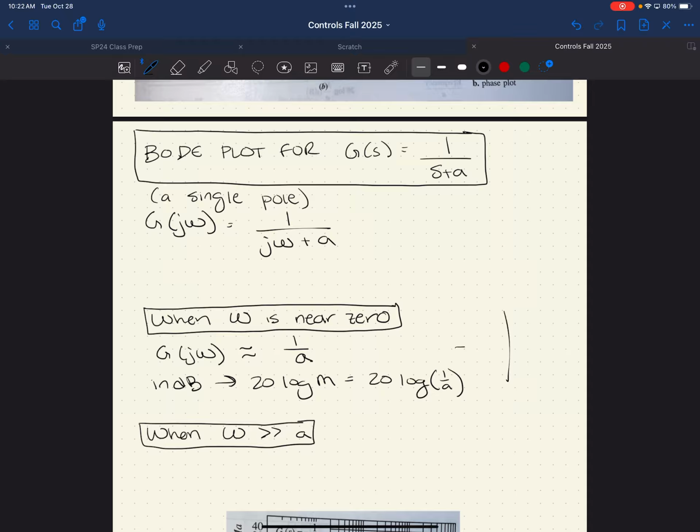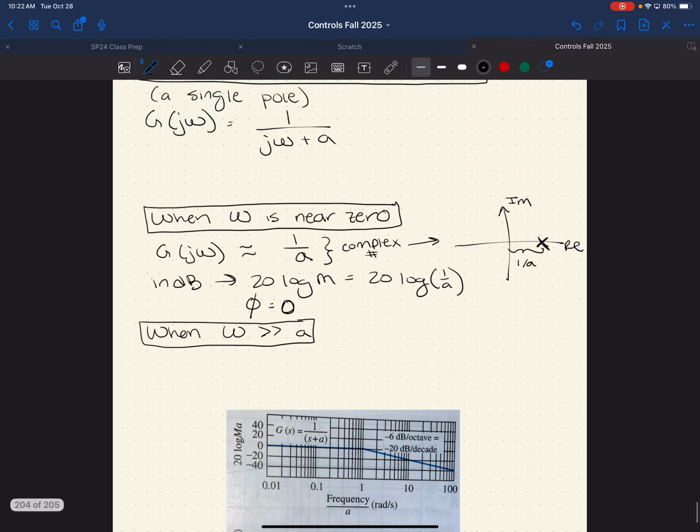Again, you can always try to draw this as a complex number on the complex plane. This would just be some amount on the real axis, 1 over a. So what is my angle? Zero. Just 0. Thanks, Riley.